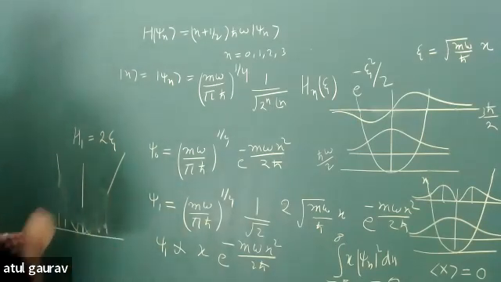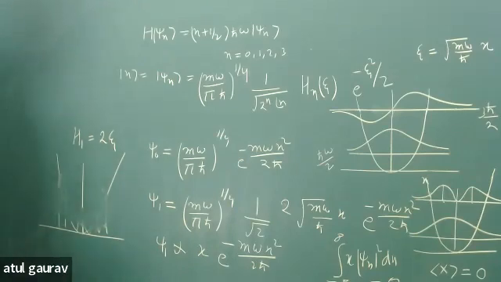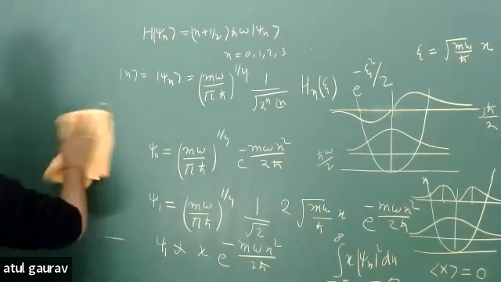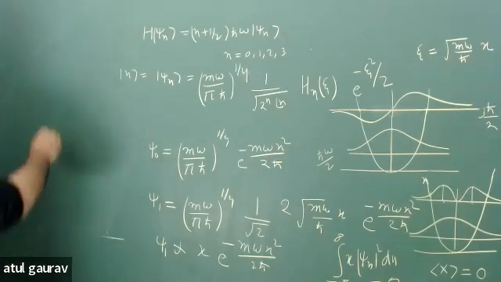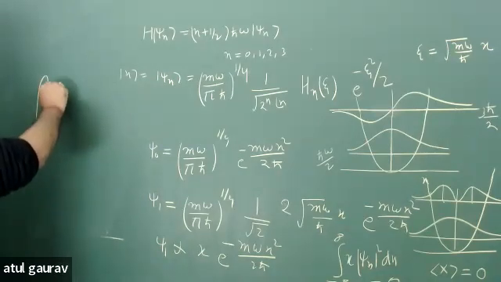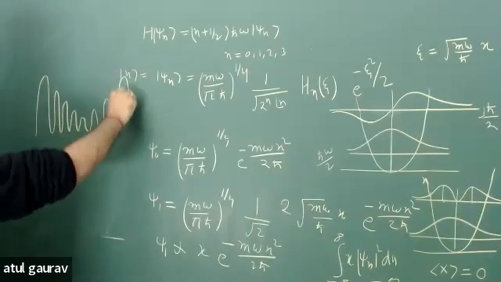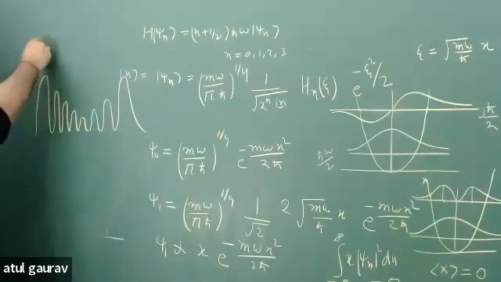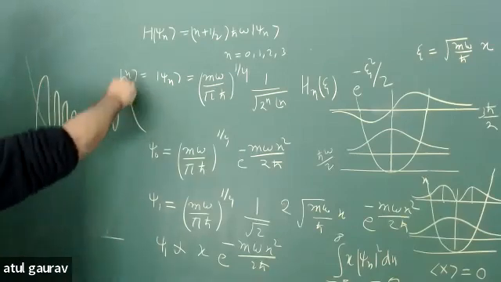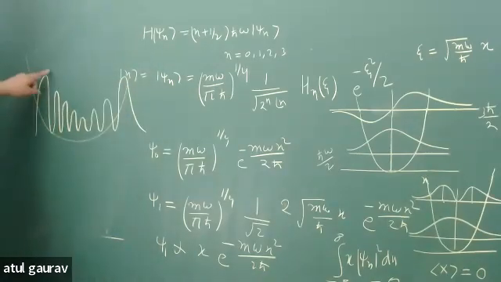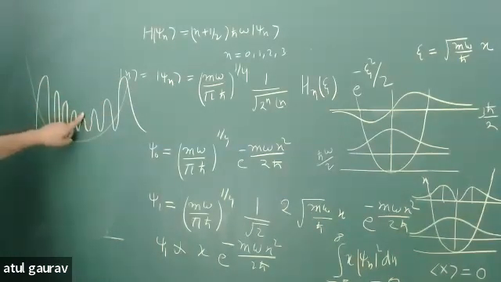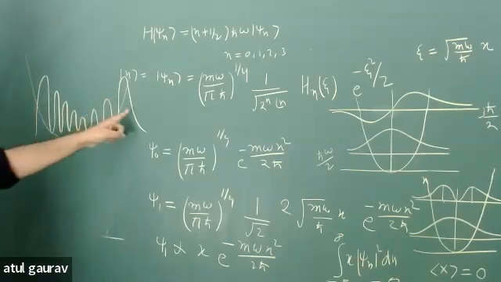Suppose I am taking some big number, so your probability density will be something like this. This is the trend of the potential, and this is the trend of the probability density. You can see at the higher value of energy, you can have minimum probability at the center, but higher probability at the edges.